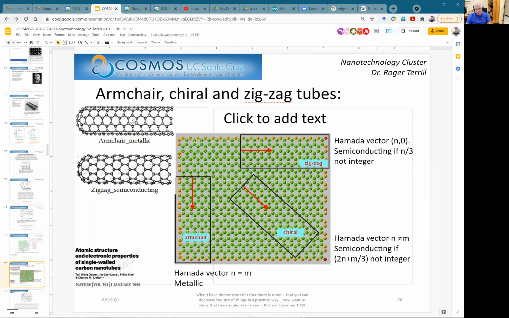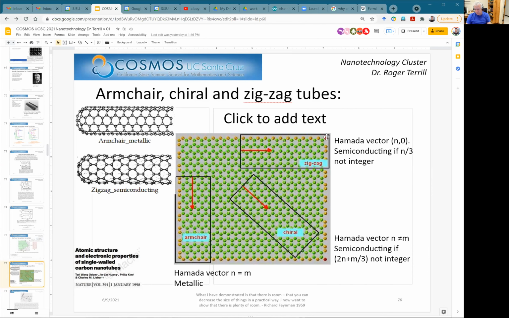And most armchair tubes are metallic. Most zigzag tubes are conducting, right? And then there's actual rules here. The Hamada vector that we looked at earlier is (n,0), and these are predominantly semiconducting if n over 3 is not integral.